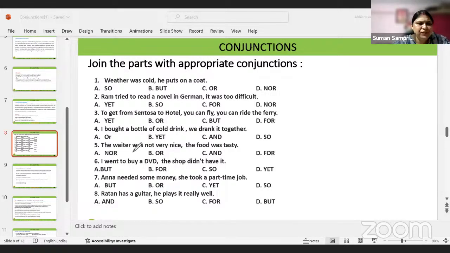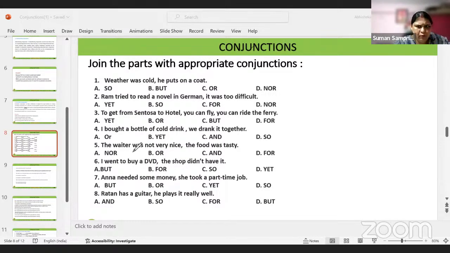Okay, the first question says, the weather was cold, he puts on a coat. So it is showing that the weather was cold is the reason and the other one is the result. When the reason comes first and then we write the result, we go for "so".